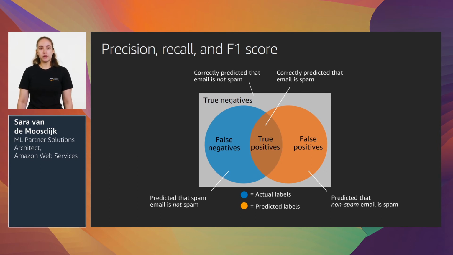Our false negatives are the emails that we know to be spam, but the model predicted that they were not. And our false positives are the emails that we know not to be spam, but the model predicted that they were. So I'll give you a moment to think about this, but in this particular use case, would you want fewer false negatives or fewer false positives?